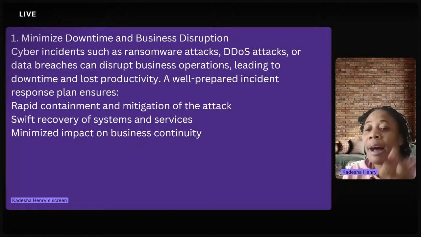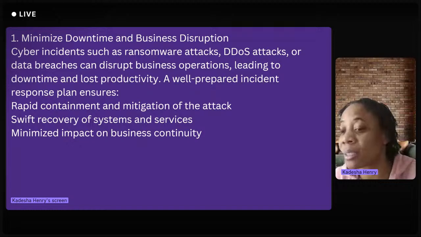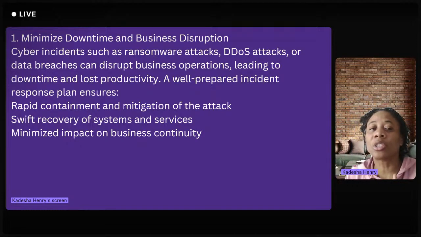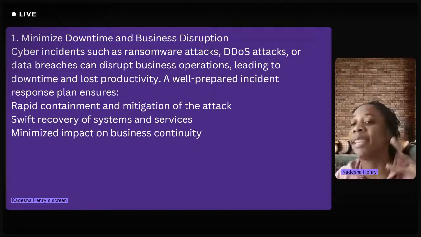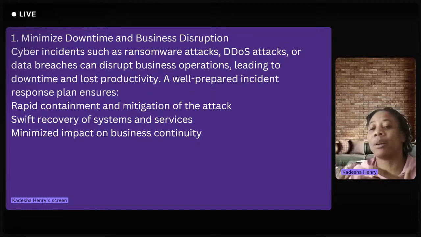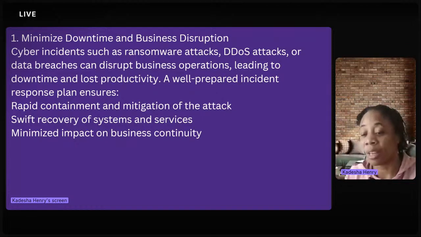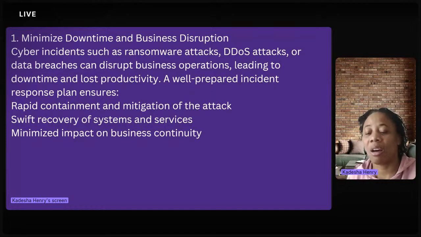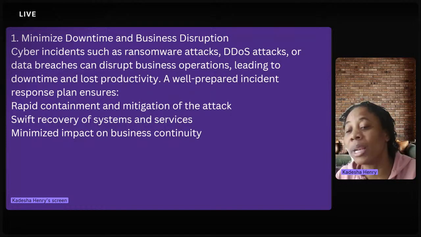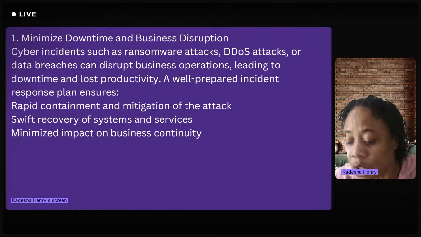If you have an incident response plan in place to prevent that from escalating, it prevents the downtime, because if there's a breach, the entire Facebook world, TikTok world is going to be disrupted. Nobody can log into TikTok, nobody can log into Facebook, no one can log into these spaces. So it creates a massive downtime.